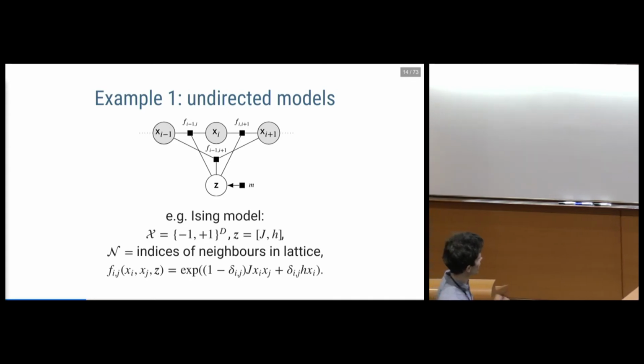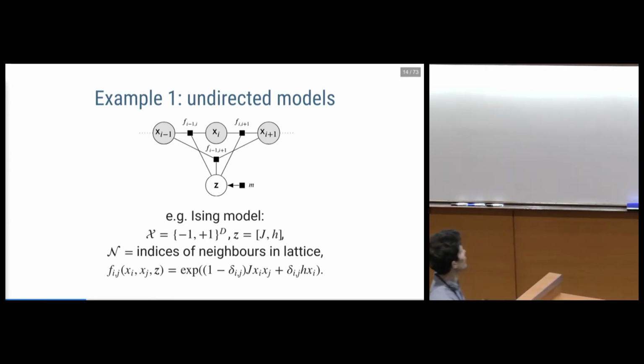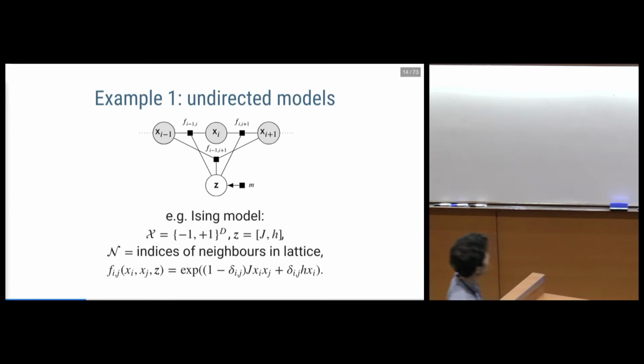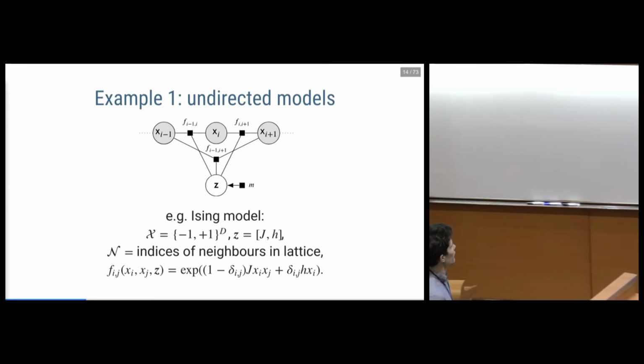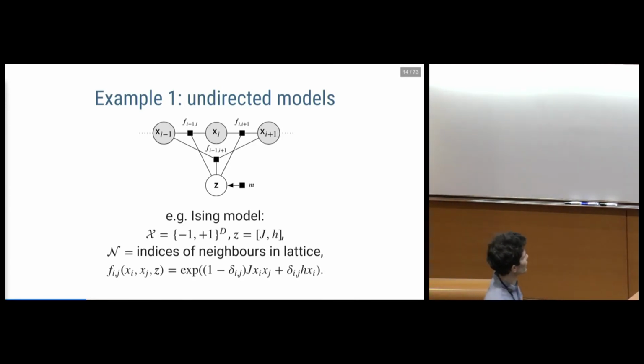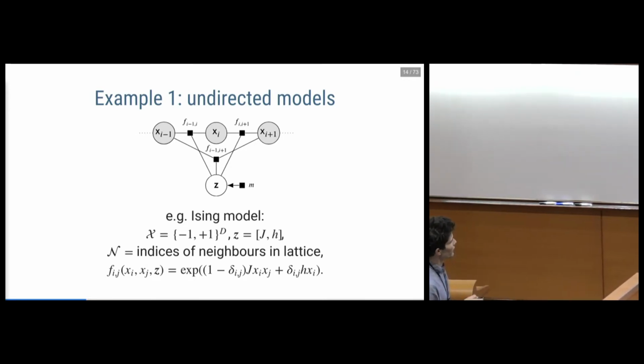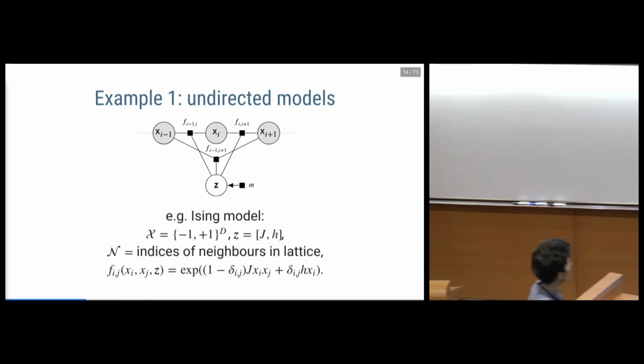And our factors are then defined as pairwise factors on adjacent nodes within that lattice. I'm going to specifically consider later on this very simplified version of the Ising spin model where we just have two parameters, this interaction parameter J and this magnetic field parameter H. These don't depend on the indices, so they're just two scalar constants.